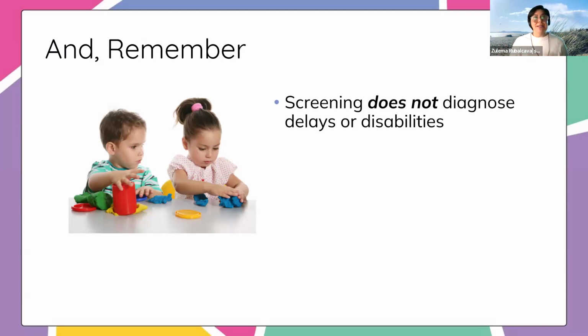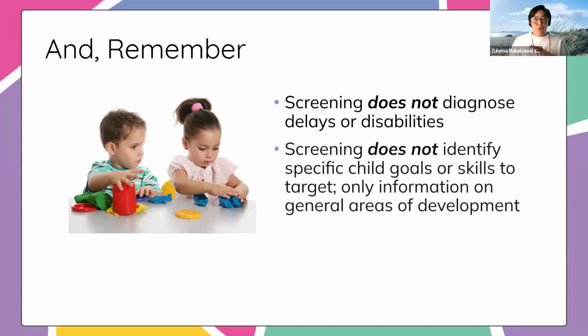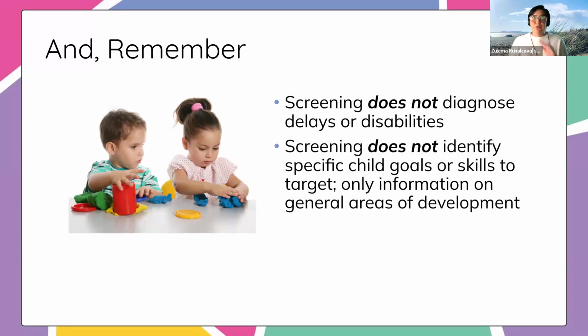Screening just tells us something is happening, and it's up to us to really figure out what, and then to provide the most appropriate support for that concern. Also, I do want to highlight that the ASQ specifically, but any screening tool, does not identify specific child goals or skills to target, only information on areas of development, right?